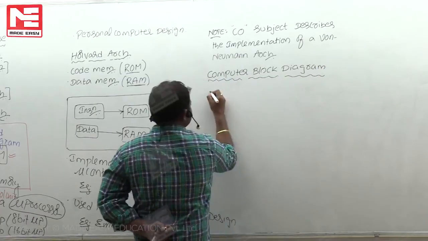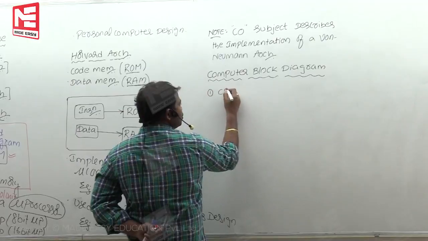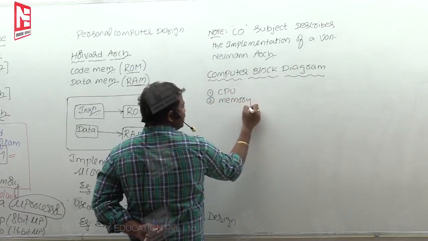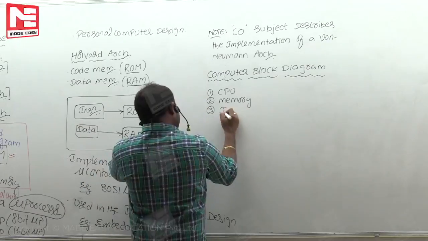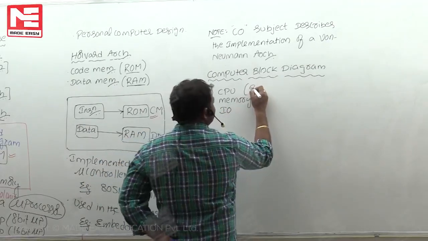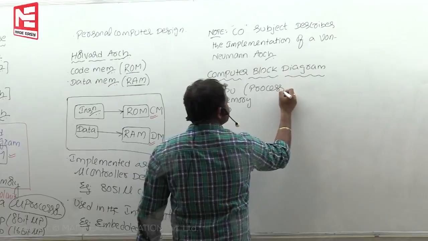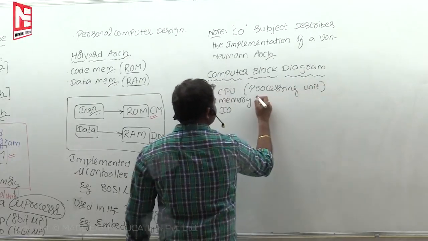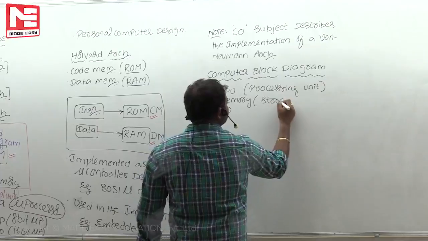Right. A computer system contains three fundamental components, named the CPU, memory, and input and output. CPU functionality is processing, so the CPU is a processing unit. Memory is a storage unit.